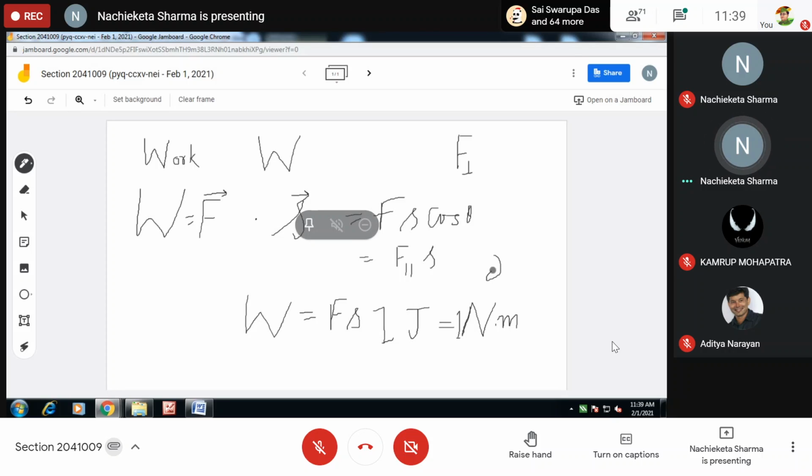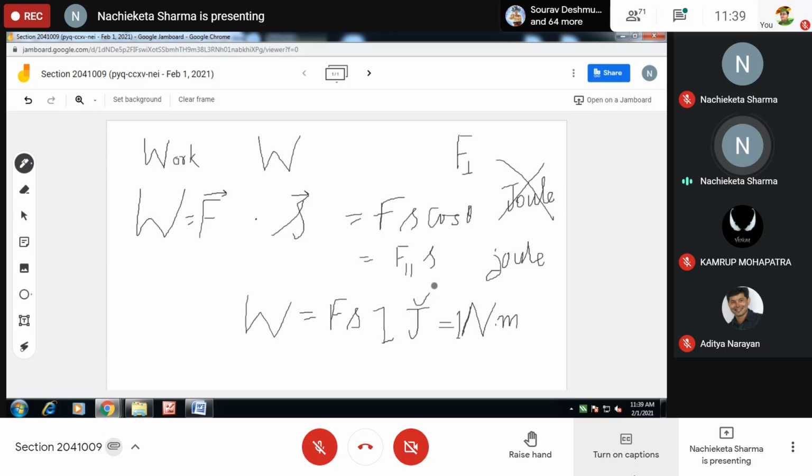You can write joule, this is correct. But don't write the full word joule with a capital J, this is wrong, because this is the name of the scientist. Isn't it?